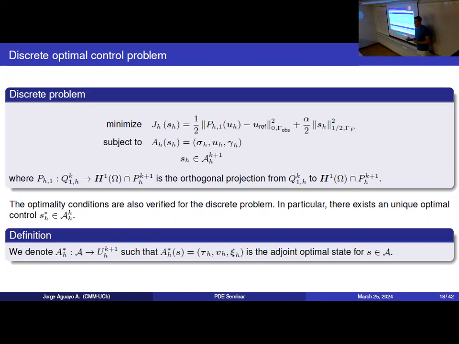We need to recover something in H1/2. It's a very complicated space in some sense, but H1/2 has a representative in H1. And the classical space for H1 is just P_k, continuous Lagrange polynomial elements with degree equal to k, with k an integer greater or equal to 1. So the idea is to choose properly the degrees of every space.